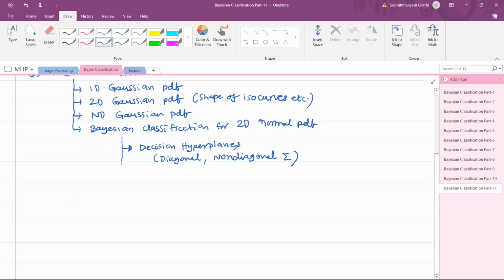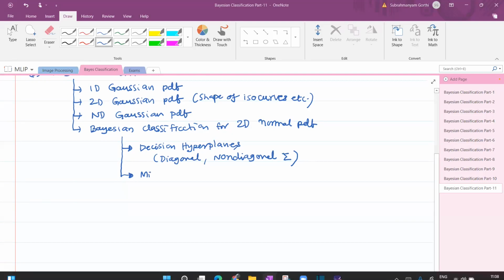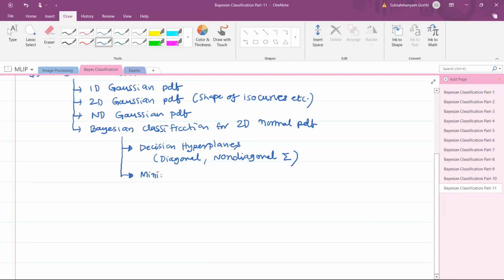And in the last class, and maybe the class before that to some extent, we discussed minimum distance classifiers, where you look at the discriminant function instead of decision hyperplanes, which resulted in minimum distance classifiers.